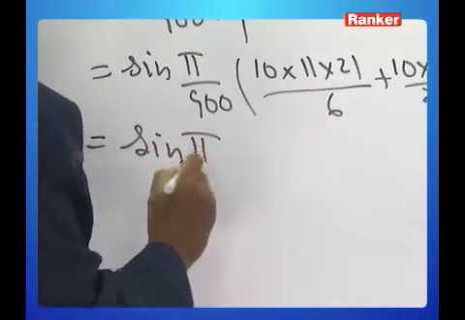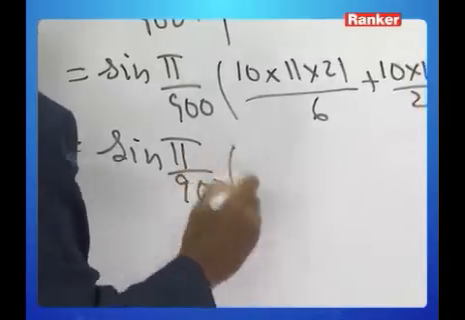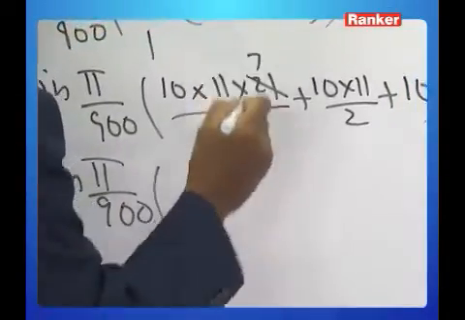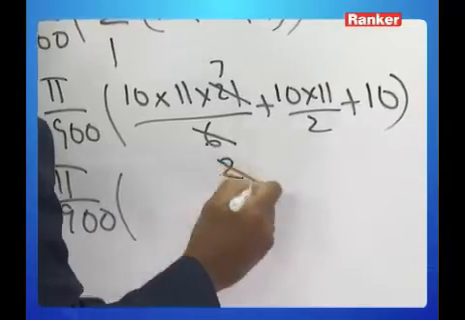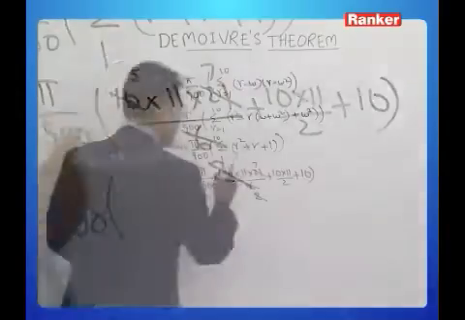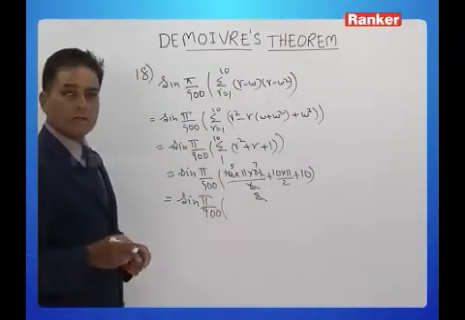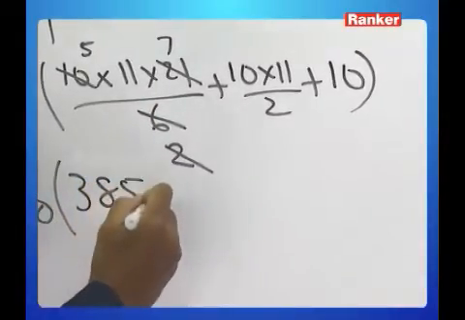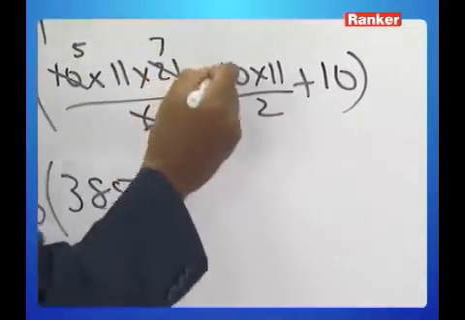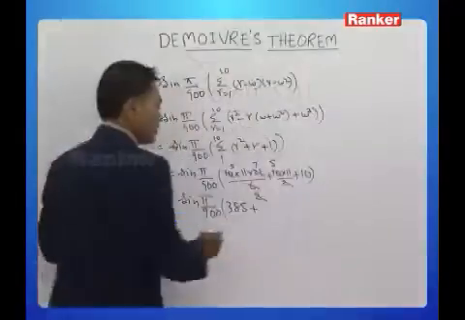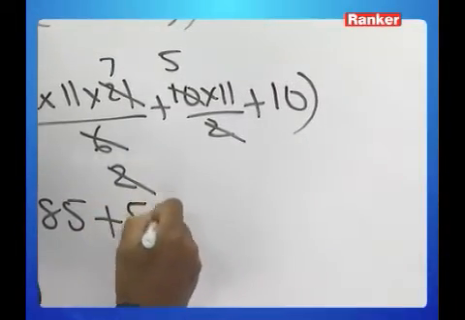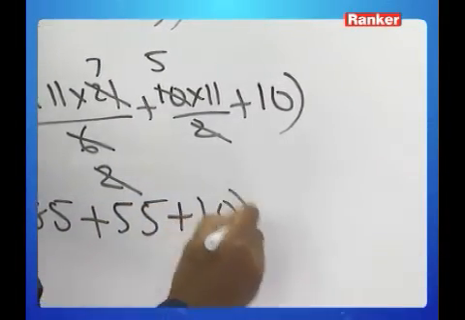Now, let us simplify this value. Sin pi by 900 into 6 is there, 21, 3 7s are, 3 2s are 2, 5s are 35, into 11 is 385, plus 2 5s are 5 into 11, yes, 55, and 10.